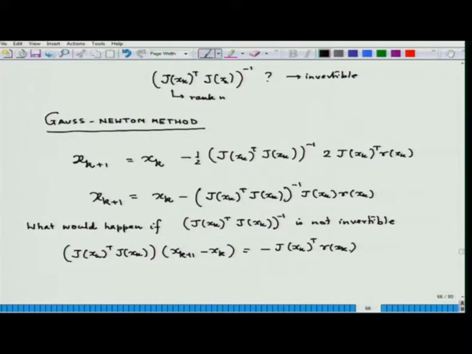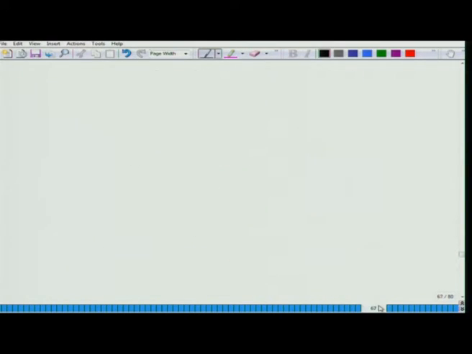So, we can tell that this difference is some alpha times a descent direction. So, in general the idea would be the following. Let us write down what is called the damped Gauss-Newton method.